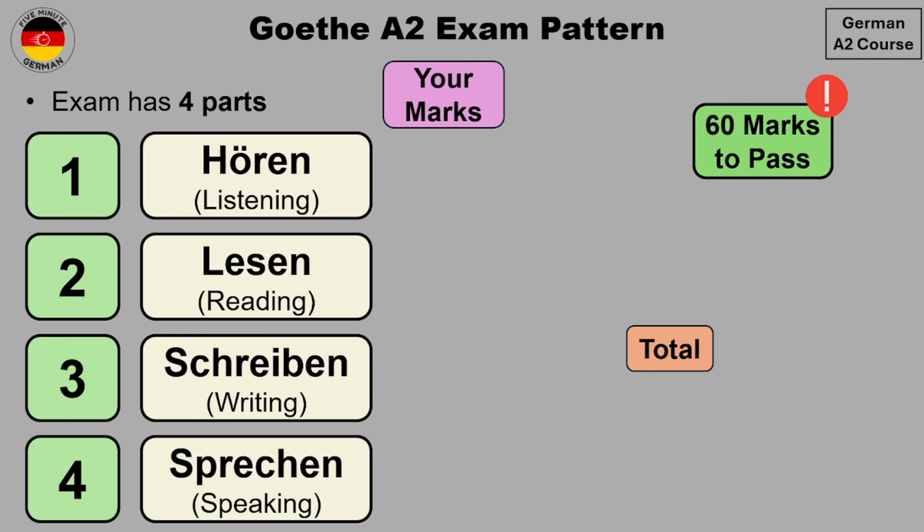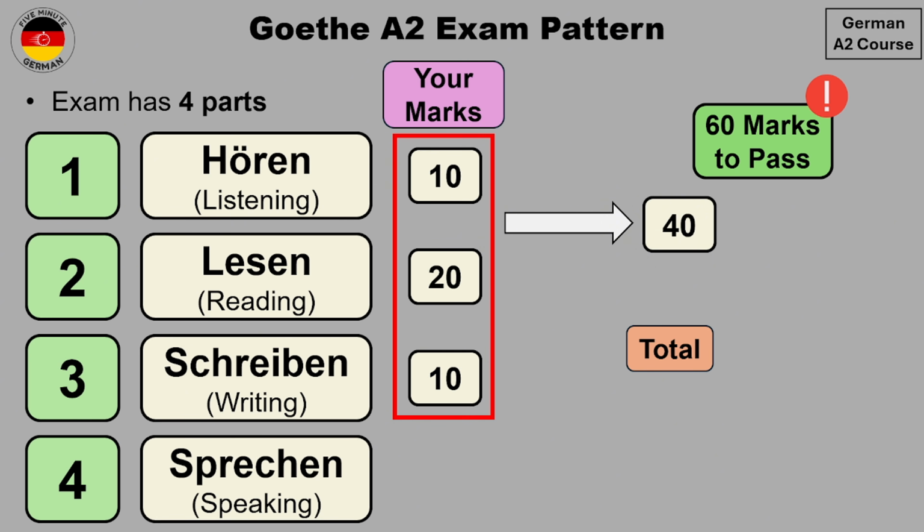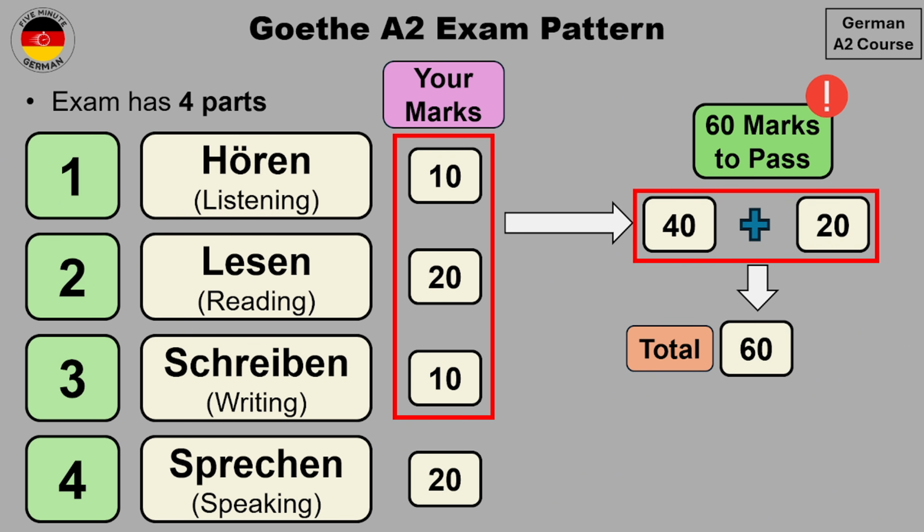Now suppose you get 10 marks in Hören, 20 marks in Lesen, and 10 marks in Schreiben. So when you add these marks together, then this is a total of 40 marks. And your Sprechen part was very good, so you got 20 marks in Sprechen. So when we add both of these together, which is 40 and 20, you get a total of 60 marks.